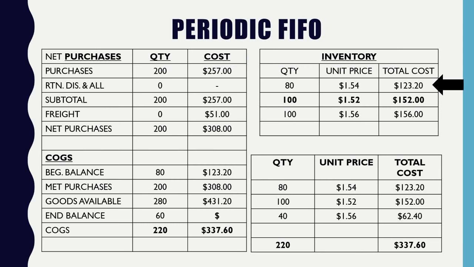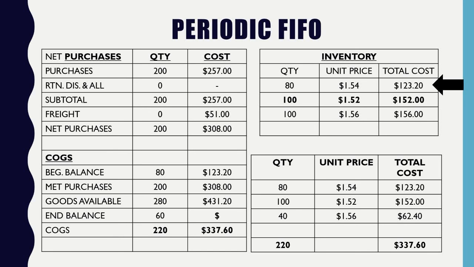All right, now we're going to apply it to the bottom half again, and this time we have a beginning inventory. To calculate it, once you solve for your net purchases, you have a beginning inventory, which in this case was 80 items for $123.20, equivalent to $1.54 per item.